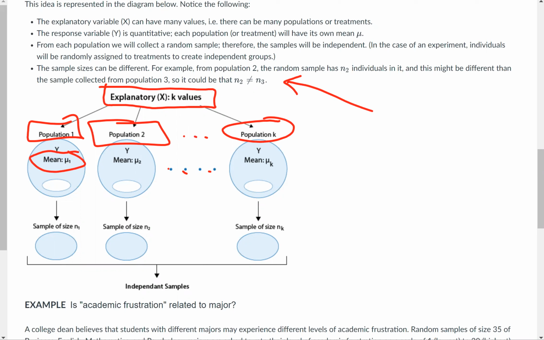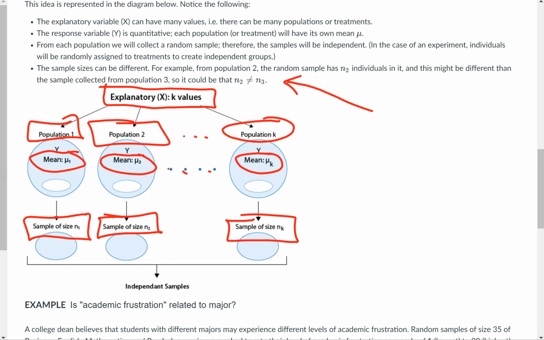We'd call population 1's mean mu1, population 2's mean mu2, all the way up to whatever the largest number is, K. In this example, it would be 4, so mu sub 4 for population 4. Sample sizes would be N1 for population 1, N2 for population 2, and all the way to the Kth one, which will be N sub K.